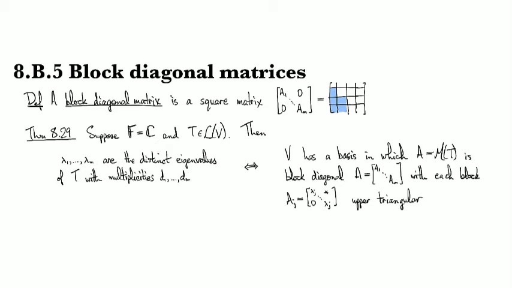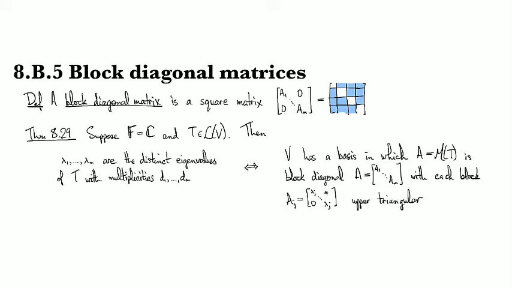Each of these blocks is not necessarily just one entry. It could be a sizable little rectangular matrix, right? All these ones I'm shading in are going to be 0, but these square submatrices along the diagonal are the only places where you're going to find non-zero entries.